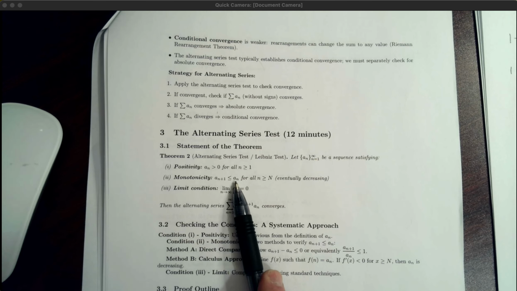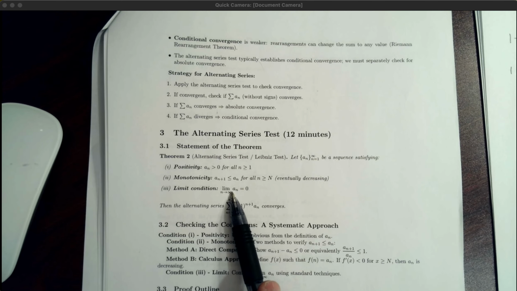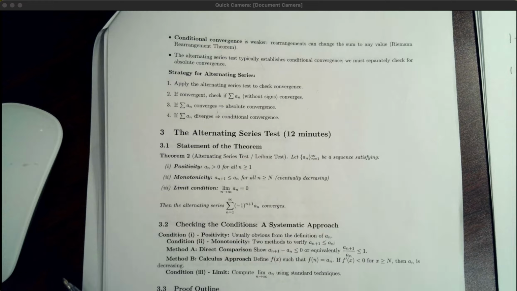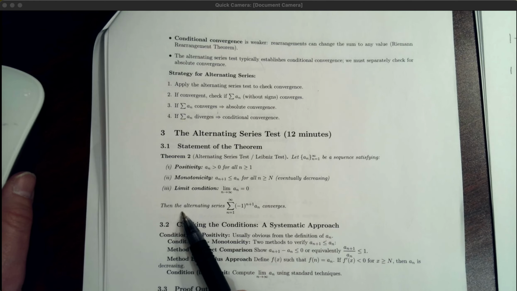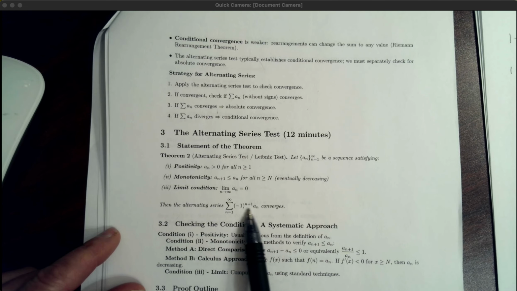In other words, the terms of the sequence are going down. And we require that the limit of the sequence be 0. So the terms are shrinking to 0. If we have all three of these conditions, then we can be sure that the alternating series converges.